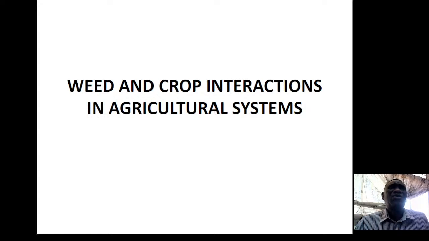We are also going to talk of the effects of relative cover on crop yields. So there are three things which we may look at in the first part: weed density, relative leaf area, and the relative cover.